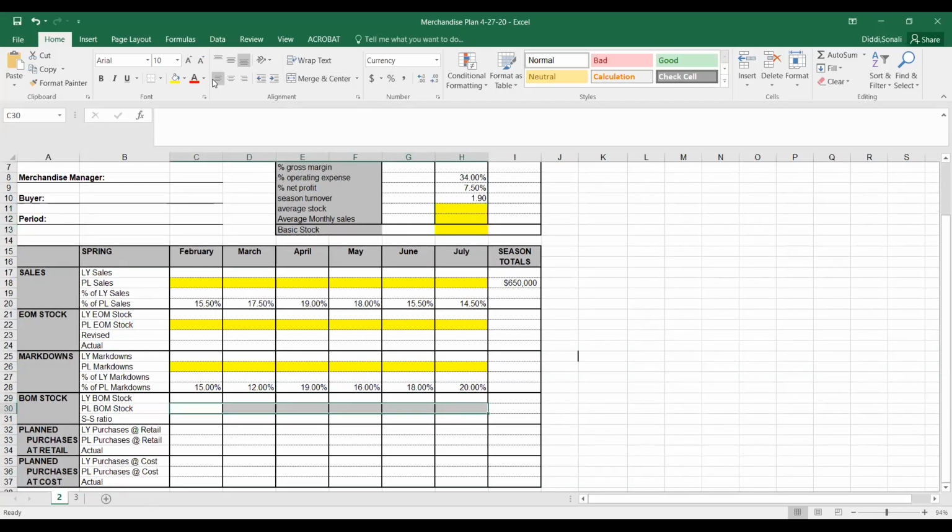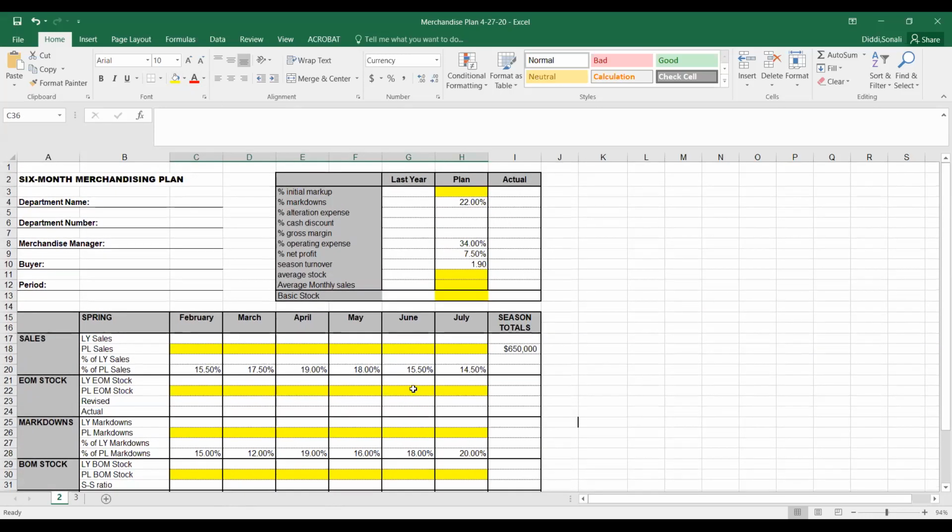In this merchandise plan, we are using the basic stock method. Once you are ready, please update in the chat window so I know and we can go ahead.